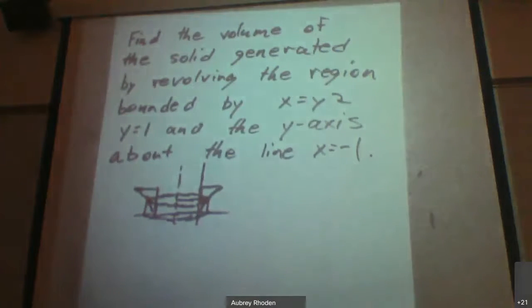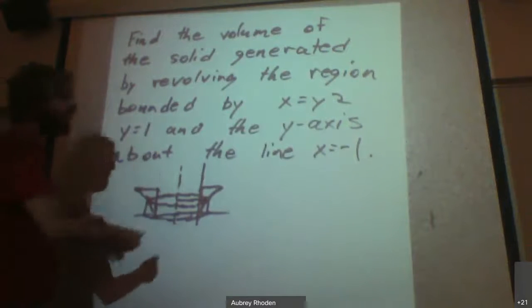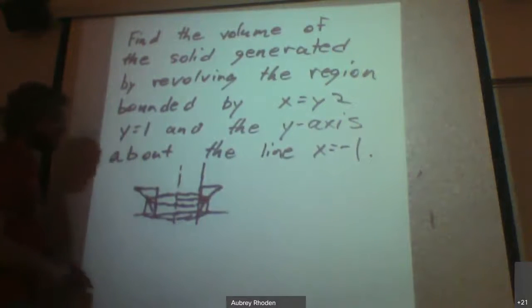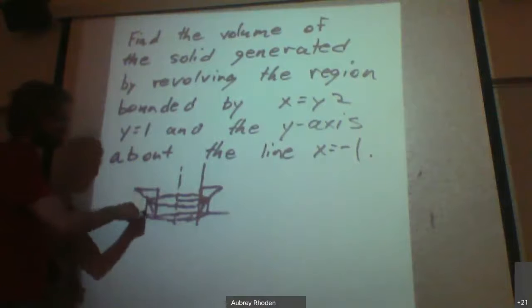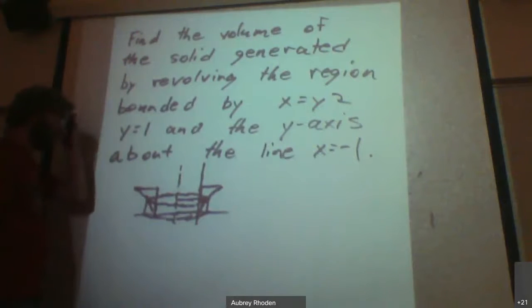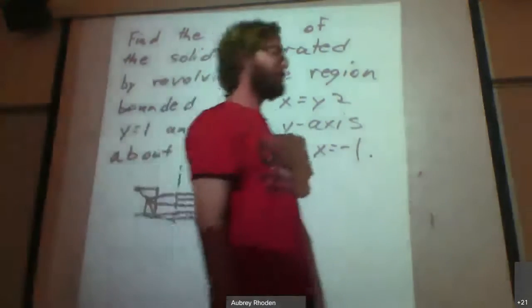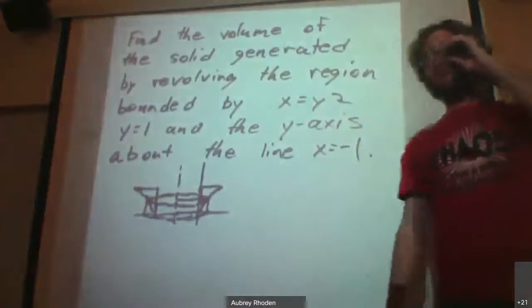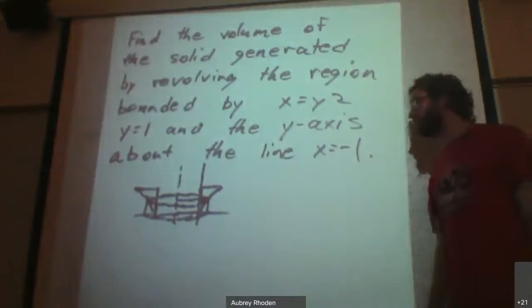Now, the walls of my shells that are being added together, where are they actually falling? They're falling below this axis. And actually on this problem, you could do disk or shell. Either way, you're going to have to subtract something.